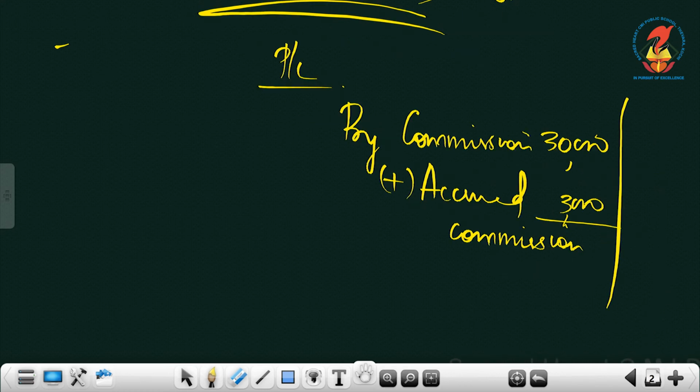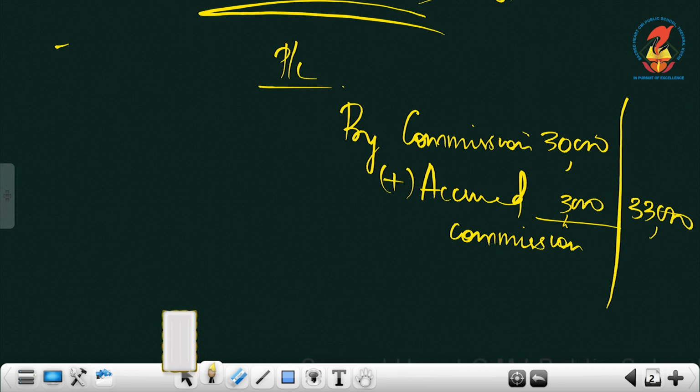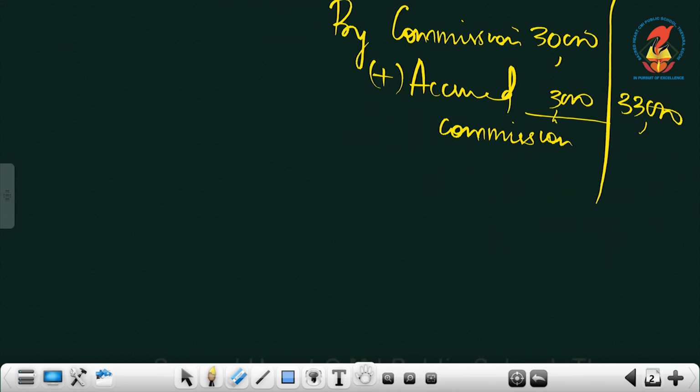So now in the outer column the amount will be 33,000. This is how you have to do the P&L account. Later in the balance sheet also you have to show this particular item. Which one will you show in the balance sheet? Only the accrued commission or the accrued income, because the other one is not an adjustment. Okay, only an adjustment you need to record twice.